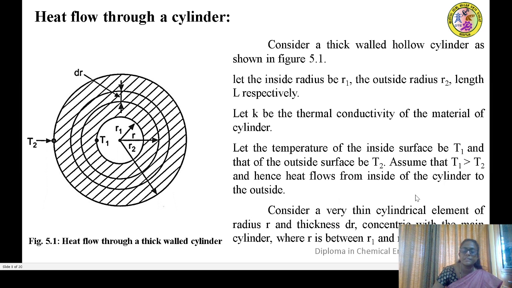Consider a very thin cylindrical element, which I have already explained. A thin cylindrical element is considered at radius r, that is concentric with the main cylinder, such that this element lies in between the distance R1 and R2. Consider that the cylindrical element is having a small thickness dr.